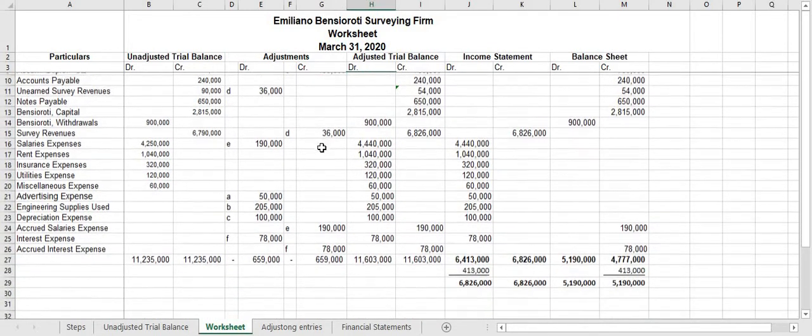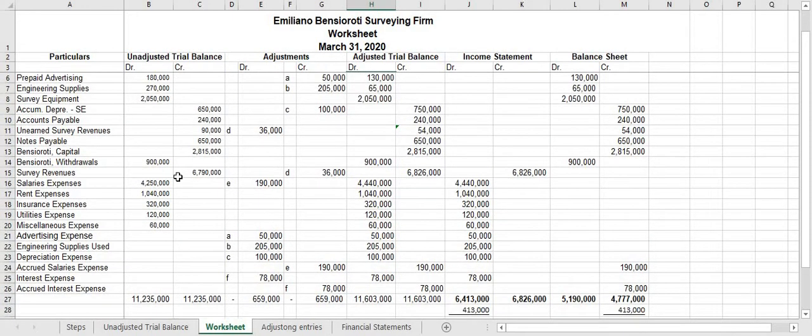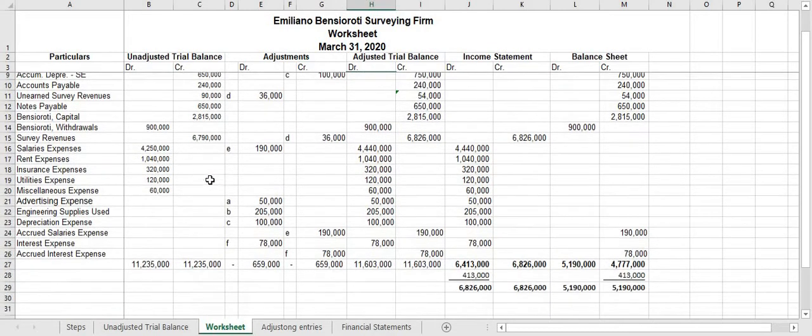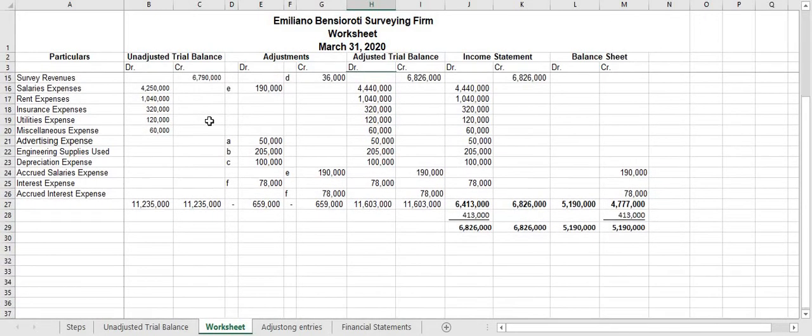The same goes for liabilities, equity, and the income statement accounts, revenue and expenses. Revenue has a normal credit balance. If it has a credit adjustment, it indicates addition. If revenue has a debit adjustment, it indicates deduction to the account.